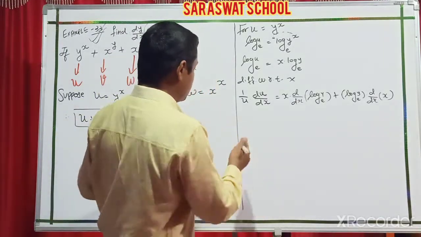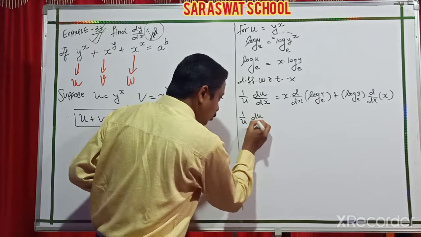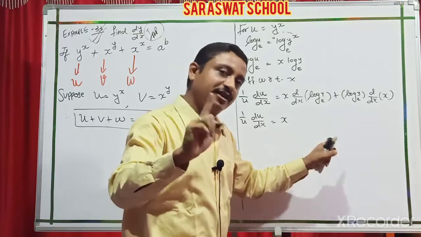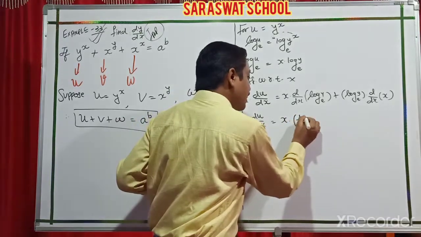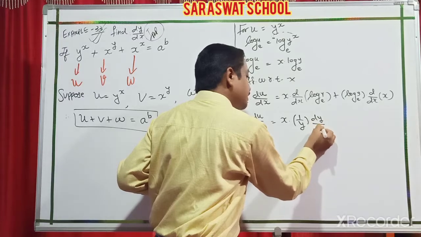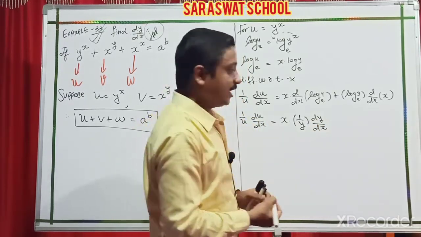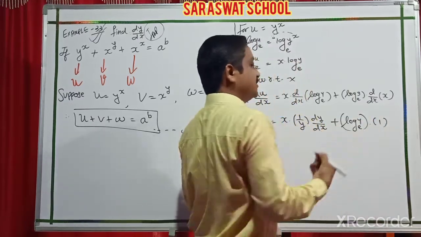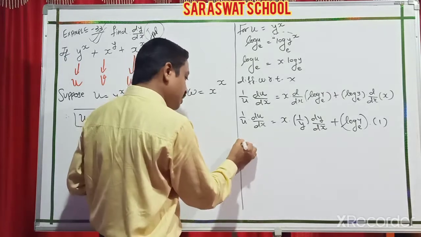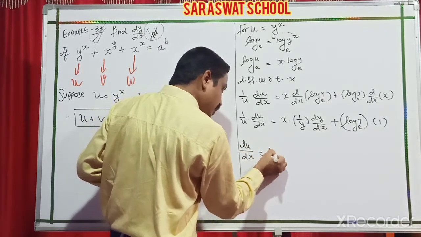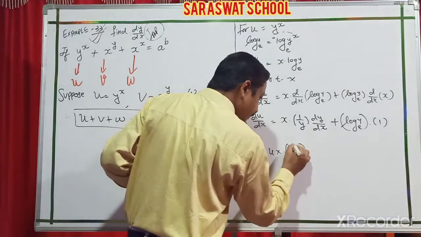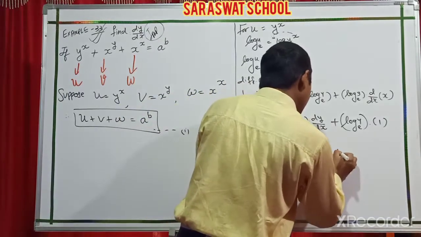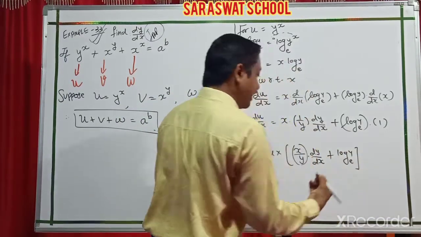So finally, students, here 1 by u du by dx, I get the value: first the log derivative, after that the y derivative. The log derivative is 1 by y, and y derivative is dy by dx, and on this side log y is the same. What is the derivative of x with respect to x? It is 1. So you get du by dx equals u into x by y into dy by dx plus log y to the base e as it is.